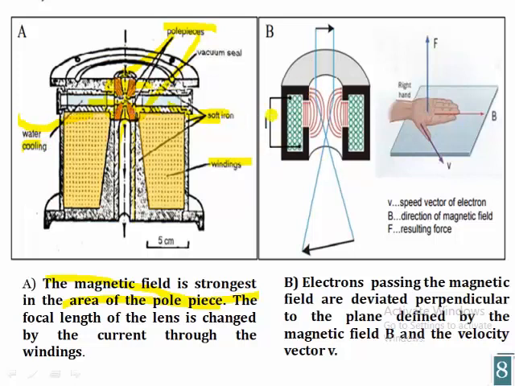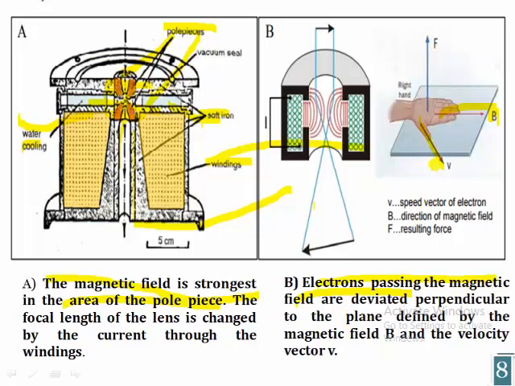Now see, this is nothing but a schematic diagram of this electromagnetic lens. Electrons passing through the magnetic field are deviated perpendicularly. Here you can see B is the magnetic field. This is the direction of the magnetic field, and this is the velocity of the electrons.